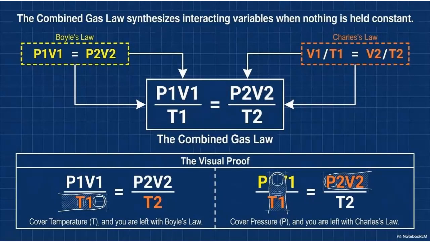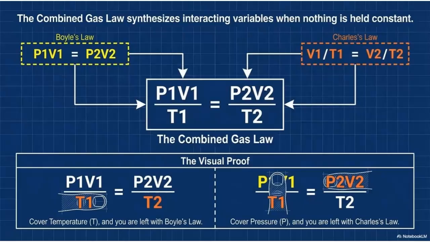So let's say you have pressure and volume, but the temperature is also changing. The same way I derive Boyle's law and Charles' law, I can derive the combined gas law because it combines the two of those equations together. By combining it, I get P1 V1 over T1 equals P2 V2 over T2.